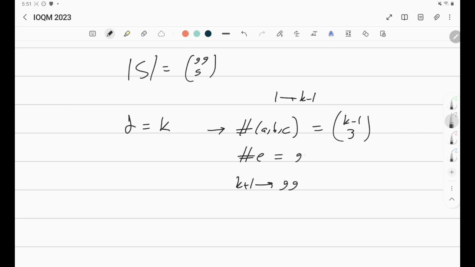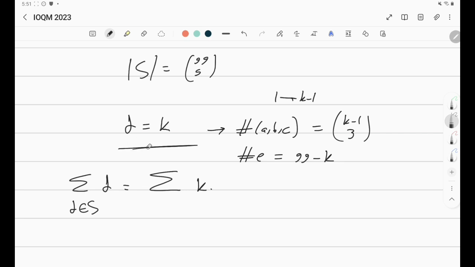It's simply 99 minus K. So that means in our sum, the sigma of possible d's, where d is in S, is simply equal to the sum of K, because we're adding d for each value, times 99 minus K, which is the number of E's, times K minus 1 choose 3.